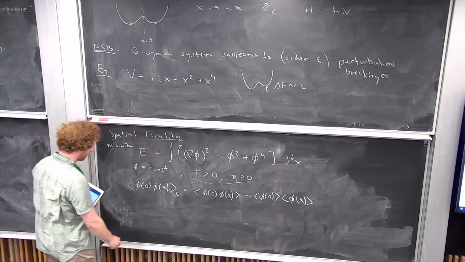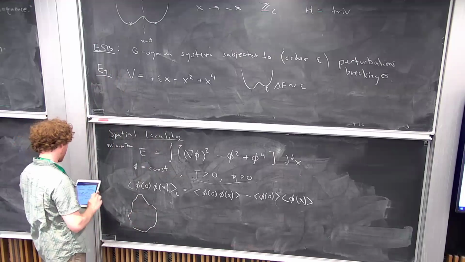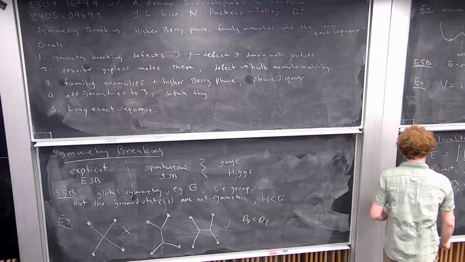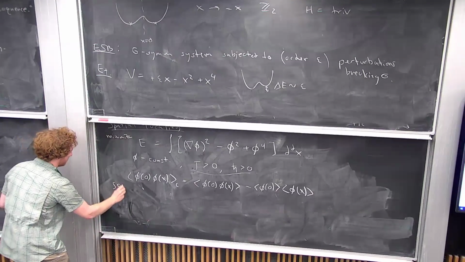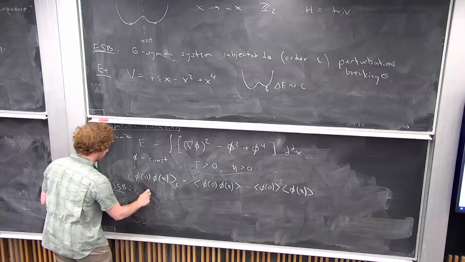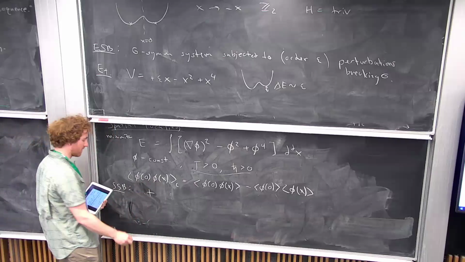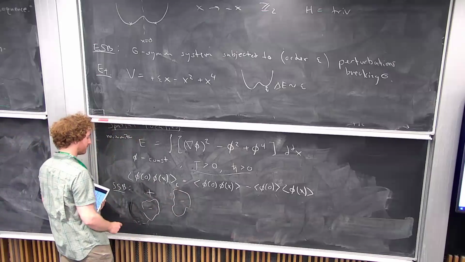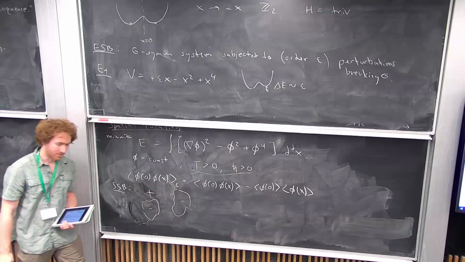So what this looks like, let's say we're in the symmetry breaking regime. Then the typical state that you're sampling will be in the positive minimum mostly everywhere, but there will be islands where it's in the other minimum. But these islands will be rare enough that they don't spoil this correlation function.